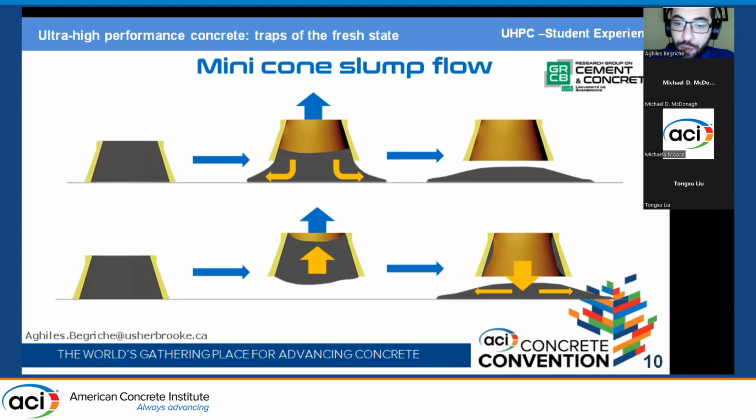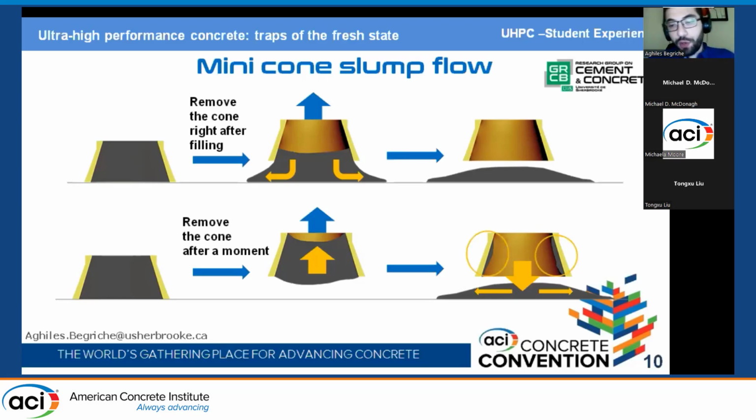What can induce a displacement of the material with the cone? So the fall of the material certainly influences the results, in addition to the part of the material which can stick to the internal surface of the cone. So it's very important to lift the cone without any delay during our tests.